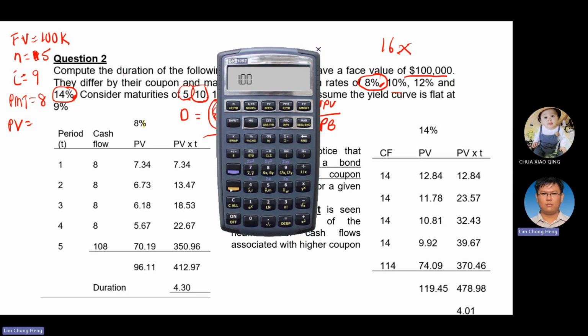So it will change to 1 per year. Okay, so you key in all the information you have. 100,000 future value, 5 years, 9%, and then 8 PMT. You compute PV, you get the bond price is 96.11.